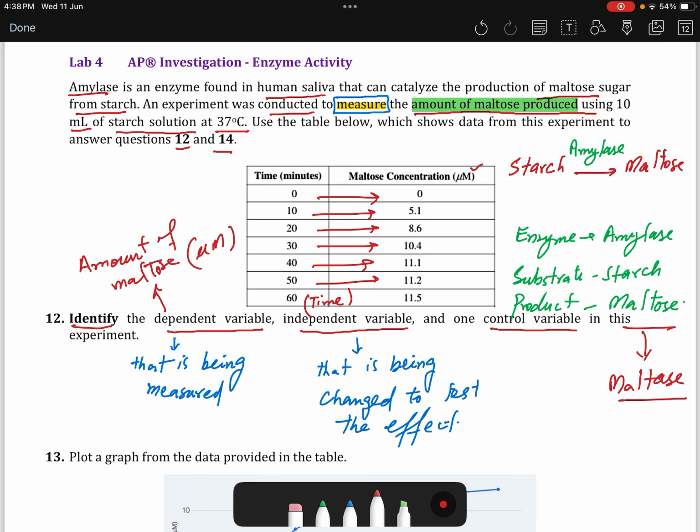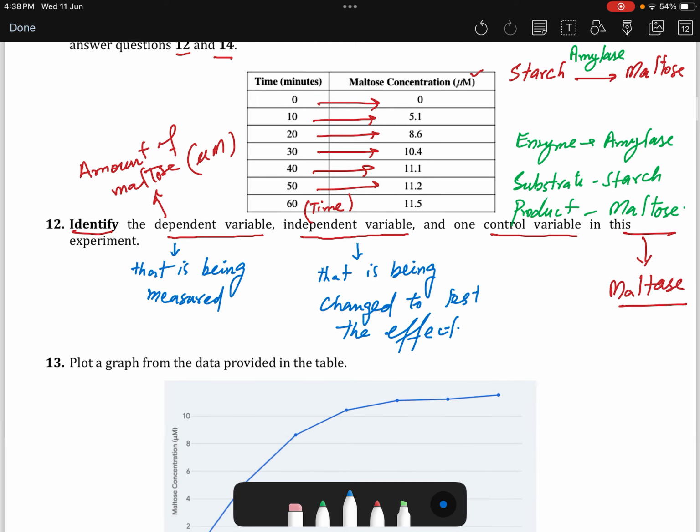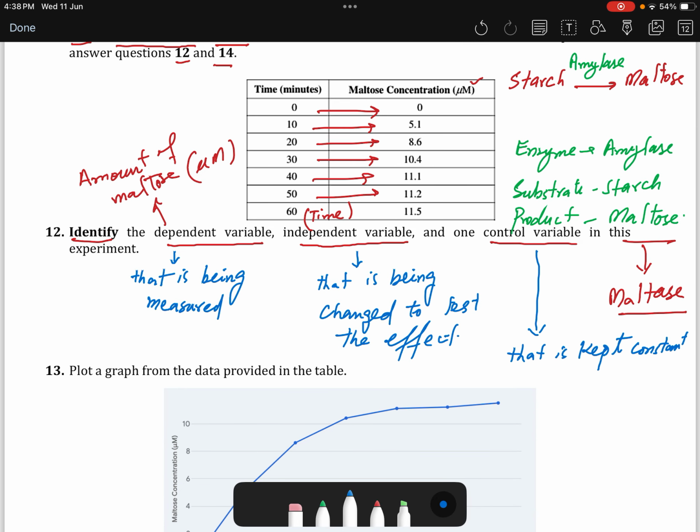Now let's come to the control. The control is any variable that is kept, or that should be kept, constant. It should not change. Anything that you know will affect your reaction, keep it constant. For example, try to recall the major factors we studied just a few moments ago. Temperature can affect this process, right? pH can affect this process.